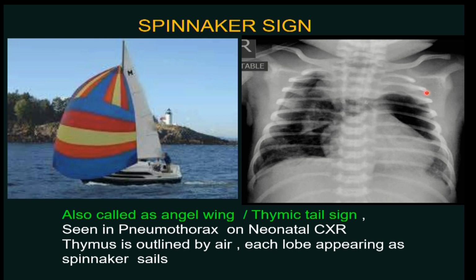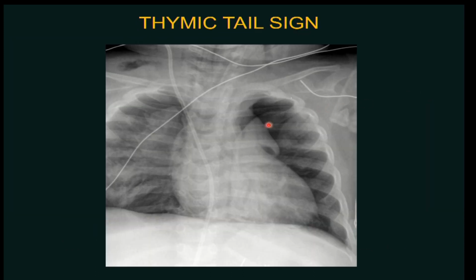When the thymus becomes very evident, that is an indirect sign that there is some amount of pneumothorax, outlining the thymus very clearly. You can see the thymus is so clearly visualized here as it is surrounded by air, and it appears like a spinnaker on a boat. Hence it is called a thymic tail sign, angel wing sign or spinnaker sign.